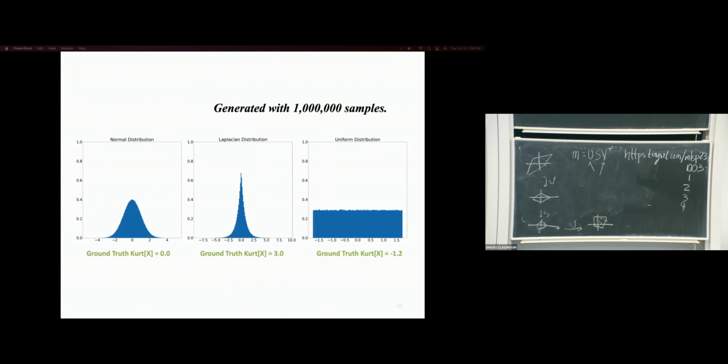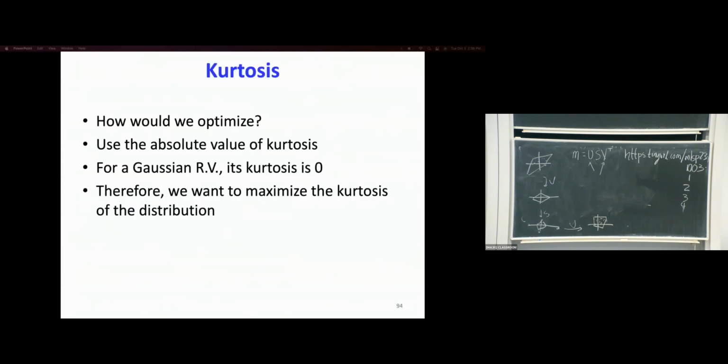You can see that if it's 0, it's a normal distribution. If it's 3, it's a bit more spiked because the tails differ. And negative 1.2 is almost like a uniform. So that's what this 4th order thing was doing: we maximize the kurtosis of the distribution.